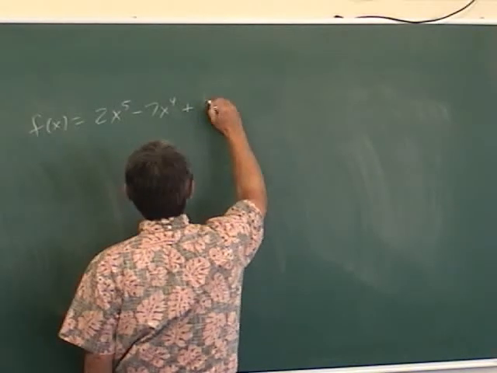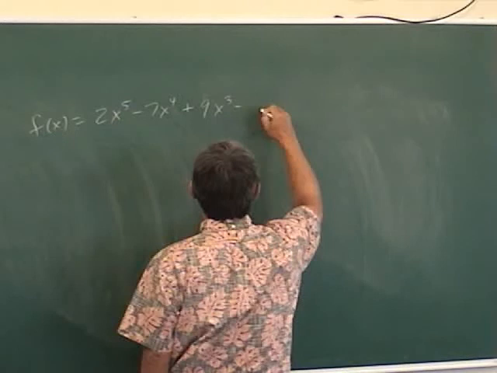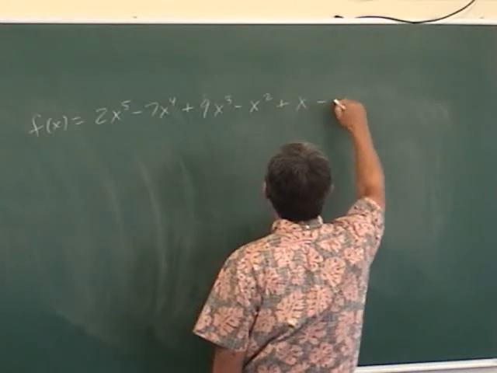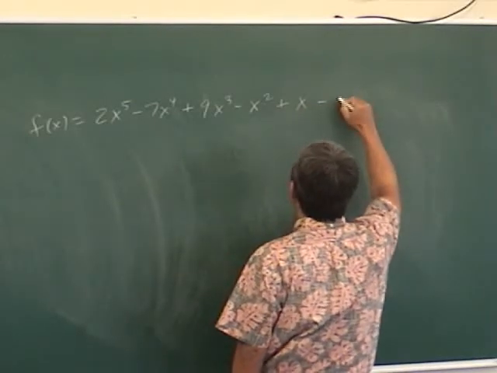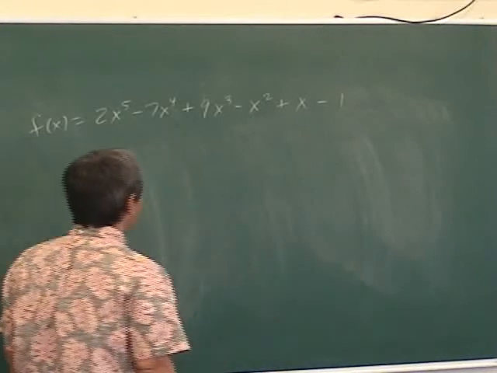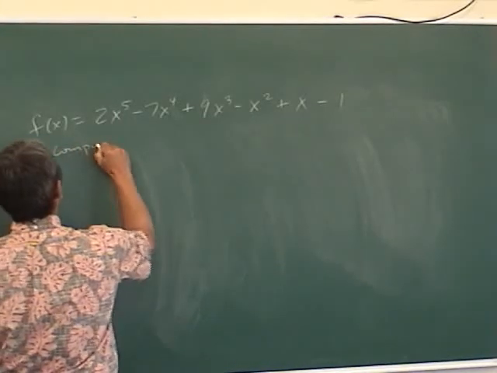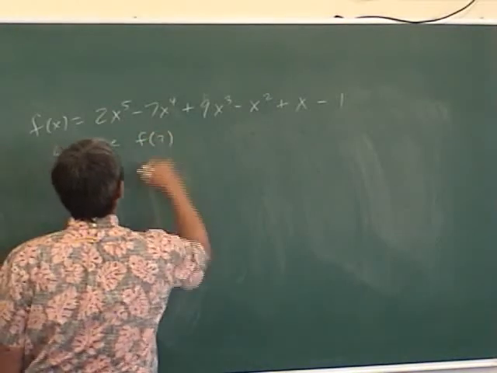Pick up, okay, 9x cubed minus 1, okay? Go, 1, go to 1. Be mundane. 1. Minus 1. Okay, here. Compute f of 7. Go.